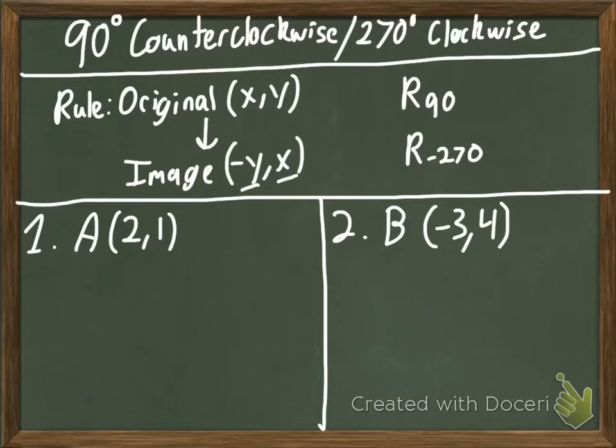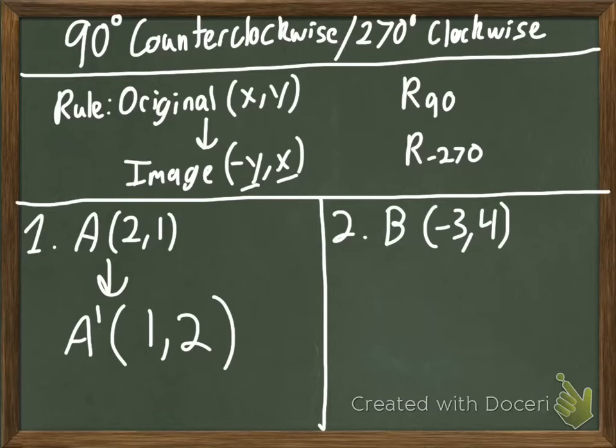So there's two things: they switch places and then y gets a new sign. So for this first one, we're going to go from A to A prime. And A prime is going to be, we're going to switch the two around, so it's 1, 2, and then my new first coordinate is the opposite. So if it was a 1 up here, it's a negative 1 down here.